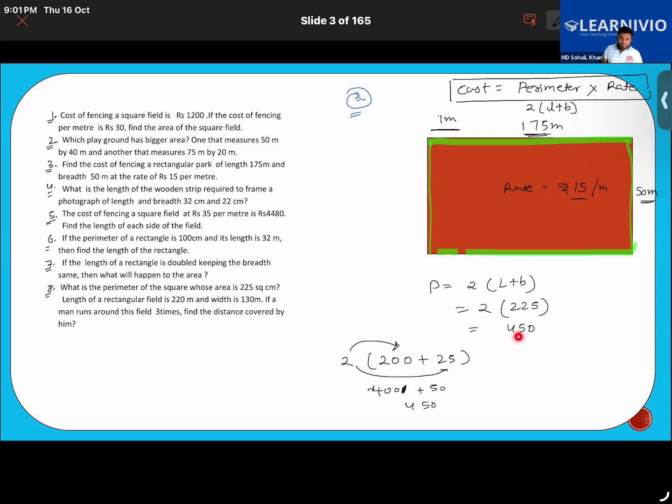So the perimeter has been found. Now the rate is given, so you multiply it with the rate now. 450 multiplied by 15. Exactly, 450 multiplied by 15.